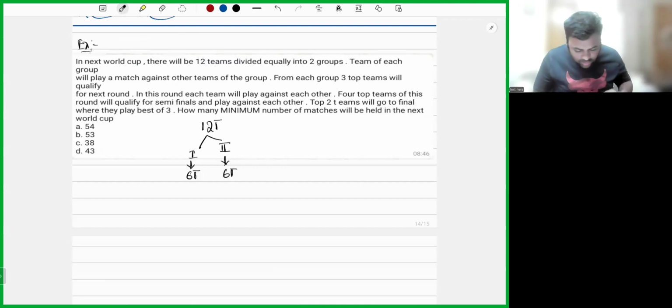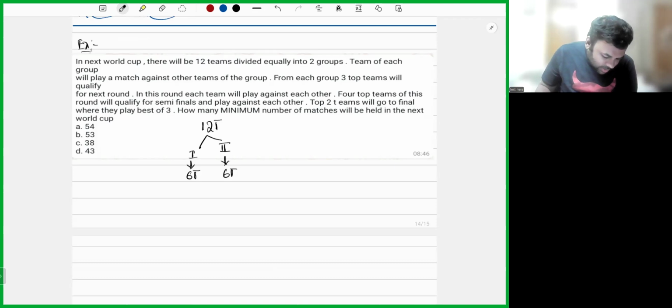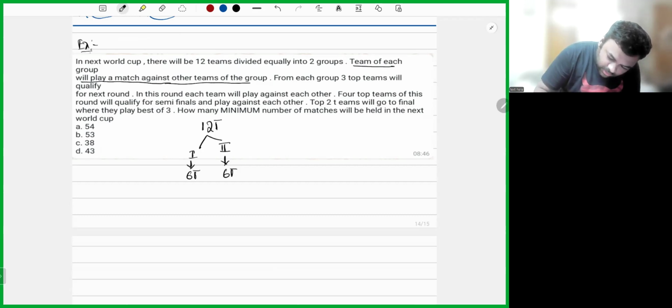See here what is telling. In the next World Cup of cricket, there will be 12 teams divided equally into 2 groups, with obviously 6 teams and 6 teams. Next, team of each group will play a match against other team in the group.